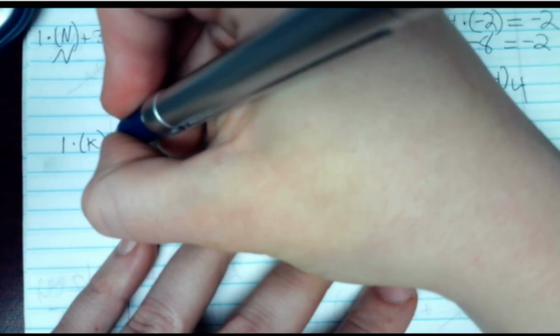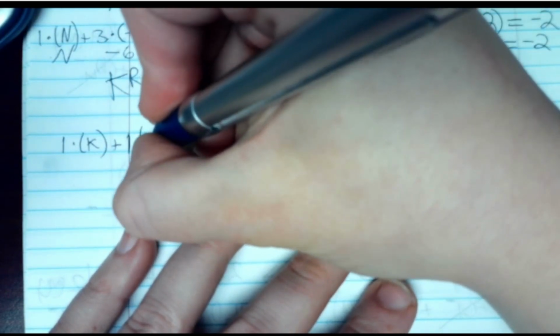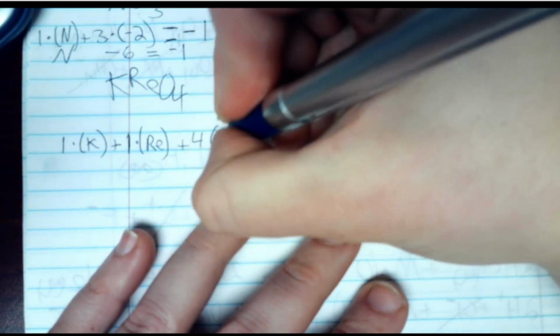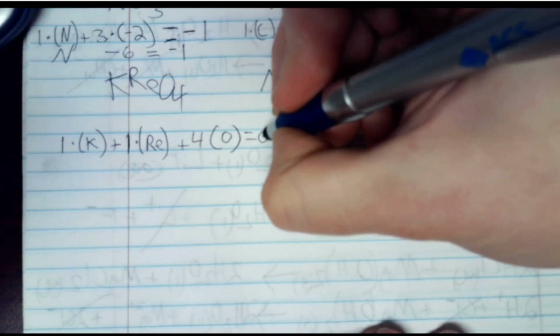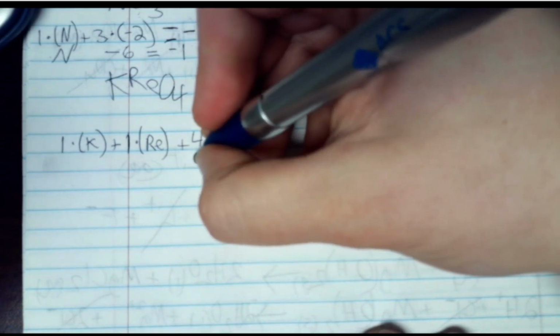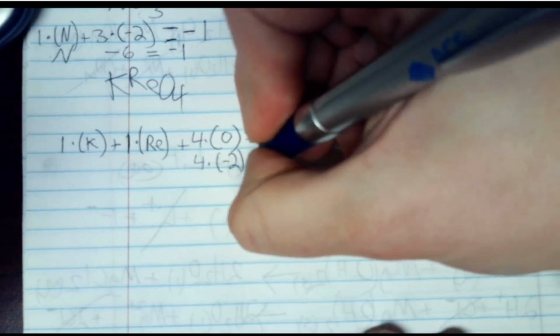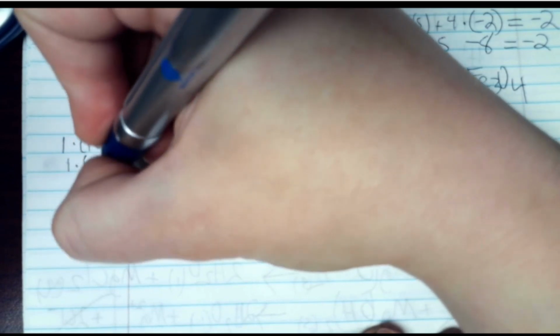Now we have 1 potassium, 1 rhenium, and 4 oxygens. The net effect is 0. We know the oxygens, they are -2. We know the potassium, the potassium is +1.